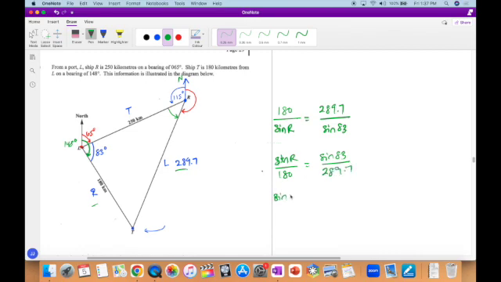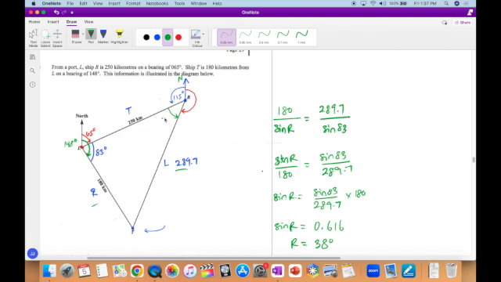Therefore the sine of R is the sine of 83 divided by 289.7 multiplied by 180, which is about 0.616, and therefore R is the sine inverse of that, about 38 degrees.